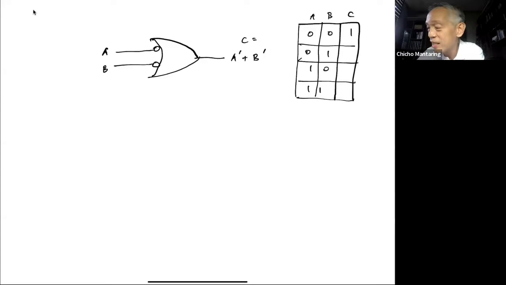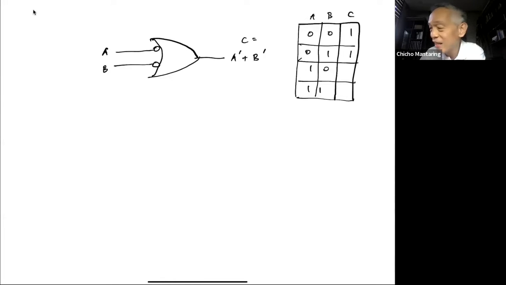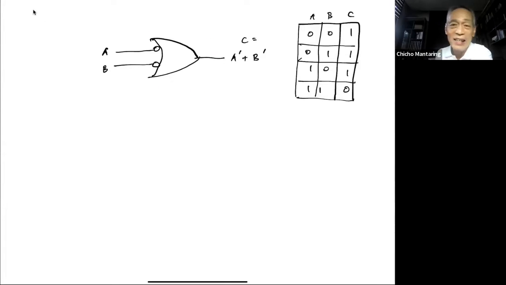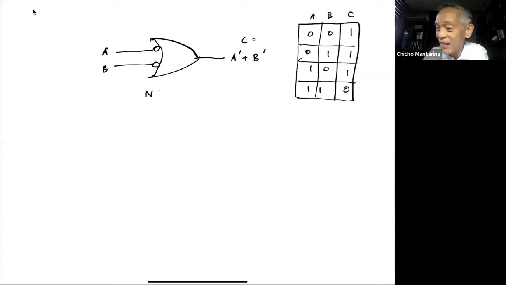Okay, what about the second? 1. The third, 1, and then the last, 0. Okay, so what gate is this? This is actually an AND.